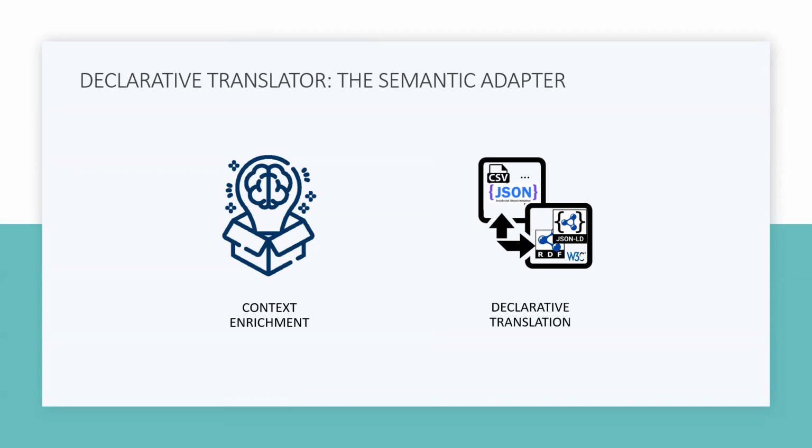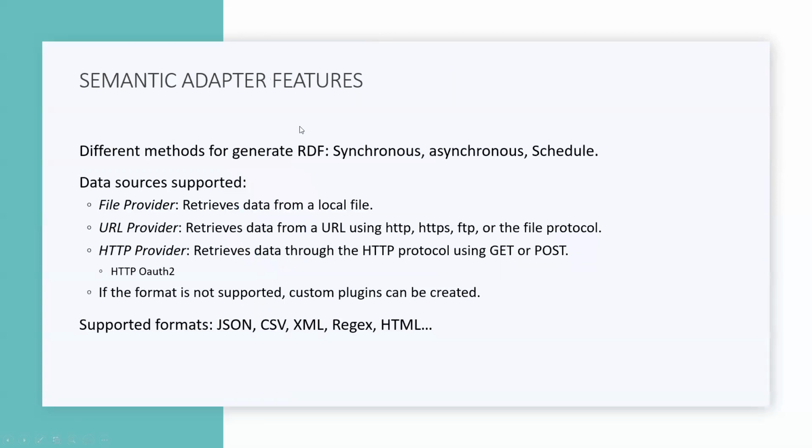What is the key of the semantic adapter? The semantic adapter is declarative. We need a mapping, and the data is generated in RDF. The semantic adapter features: we have different methods for generating RDF, synchronous, asynchronous, and so on.